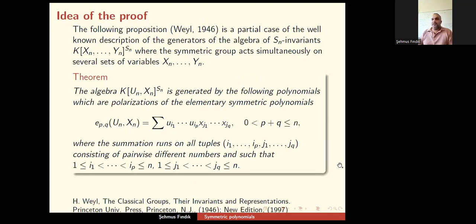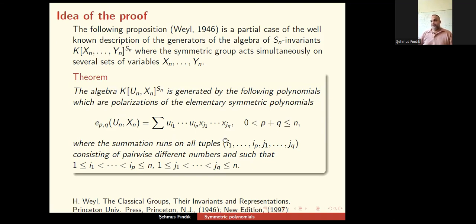But before that, maybe the idea of the proof can be given a little bit. The main idea depends on this. You have a polynomial algebra in n variables, another n variables, and so on. So you have many sets, and Sn acts simultaneously on Xn and all the other n sets. But when you restrict it to two sets, for example here U and Xn, because Un are elements in the Read product and Xn are the polynomial variables, then you get this.